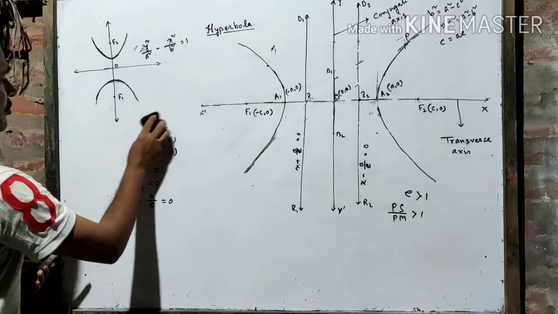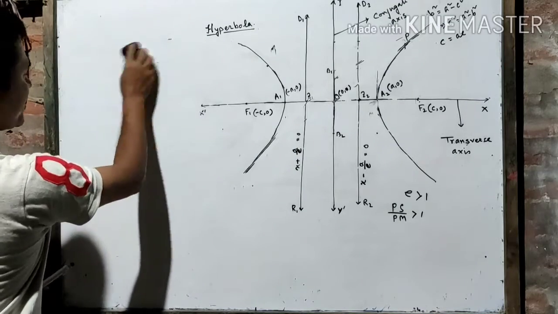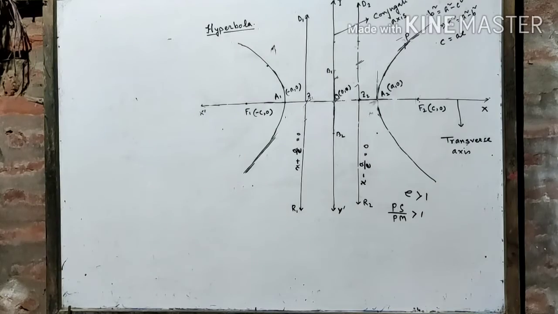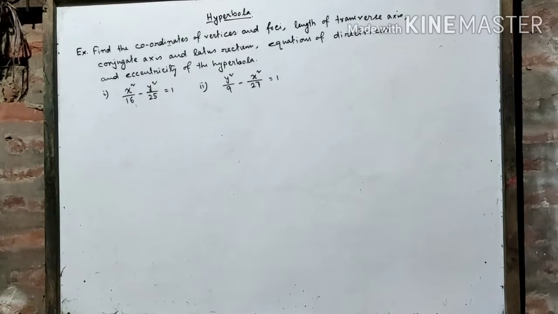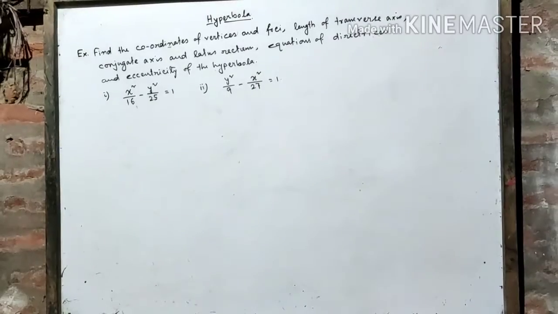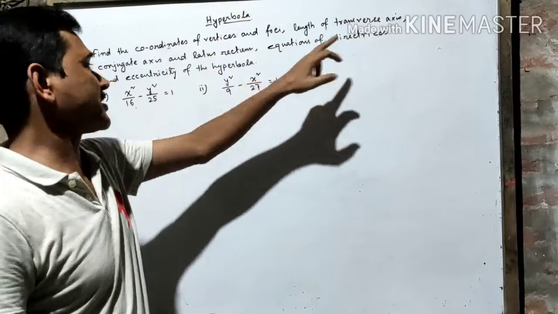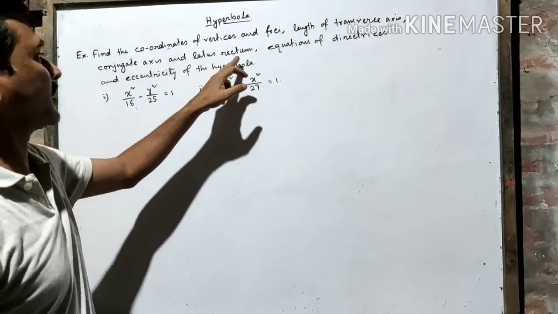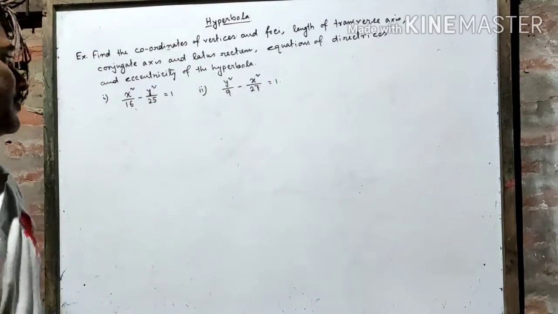Alright. So all these were the informations regarding hyperbola. Now we will try to solve some examples. So the first question is, find the coordinates of vertices and foci, length of transverse axis, conjugate axis and latus rectum, equations of directrices and eccentricity of the hyperbola.